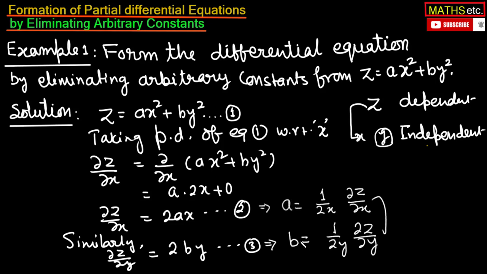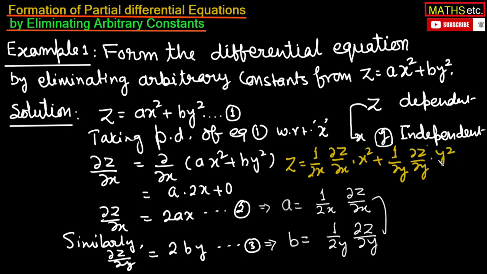So putting the values of a and b into equation number 1, z equals, in place of a we will put 1 over 2x del z over del x multiplied by x square, plus in place of b we will write 1 over 2y del z over del y multiplied by y square, right?